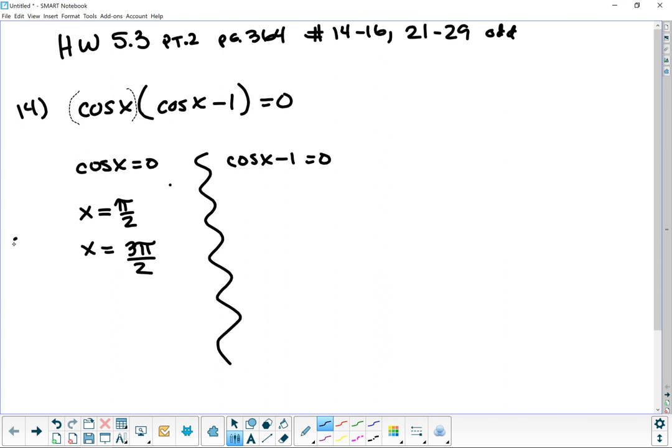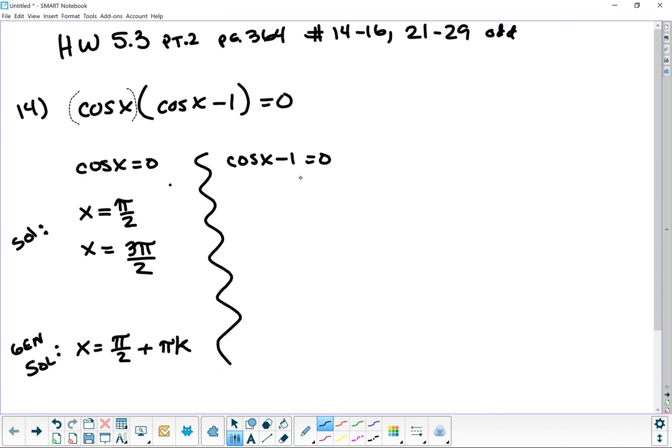Remember, these are just a solution. The general solution is going to be x equals pi over 2 plus pi k, because pi over 2 and 3 pi over 2 are exactly half of a circle apart. So you can do that.